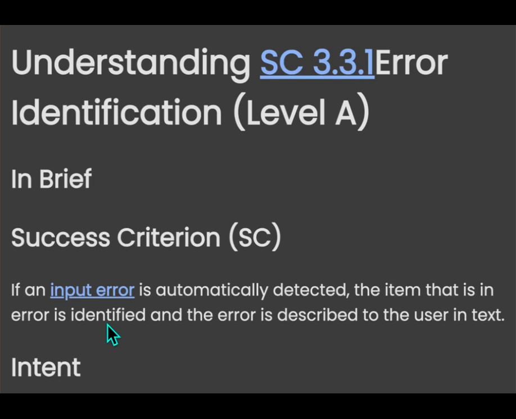So this is talking more about automatic input errors, like system errors, or there is some fault in how things are being processed. There's something in the background that's happening that is identified automatically, and these errors must be identified and described to the user in text.